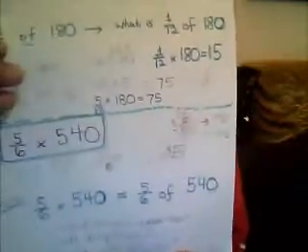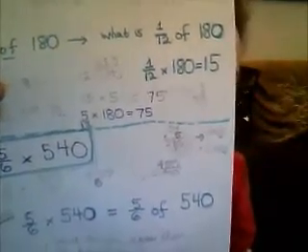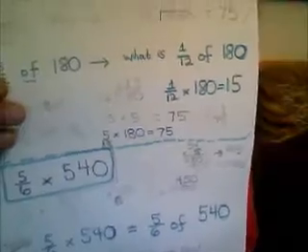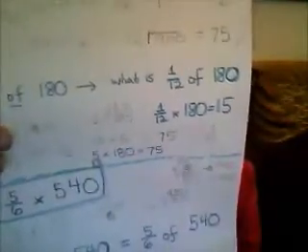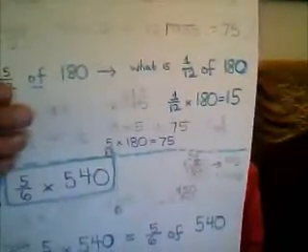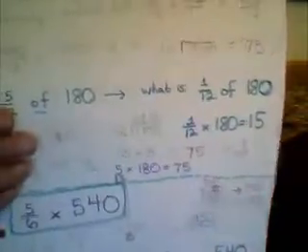Over to you now, method 2. 5/6 times 540 is the same as saying 5/6 of 540. How will you do it? I hope you will find 1/6 first. What do you know that might help you?